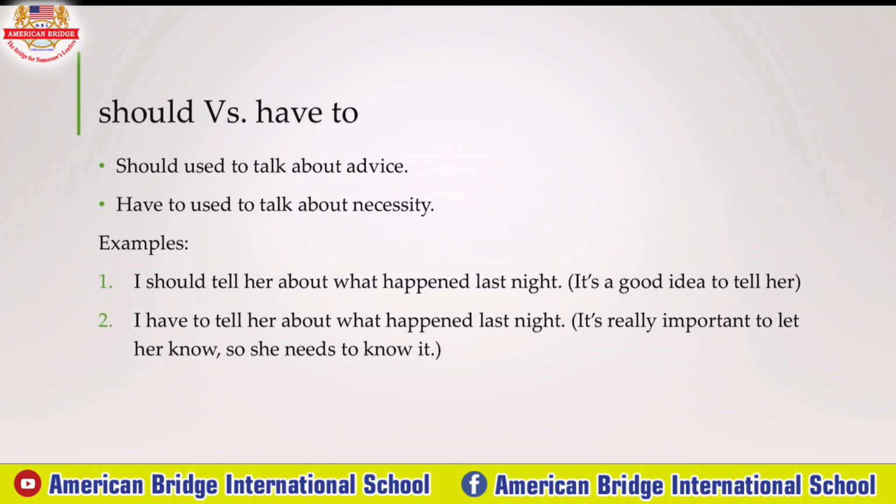So they have their choice to follow us or not, right? But for have to, it is really important to do. It is really, really necessary. Okay? Again, everyone, between should and have to, have to is stronger than should.